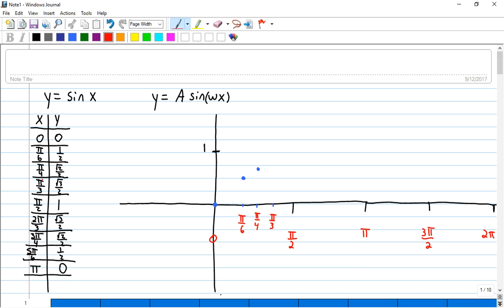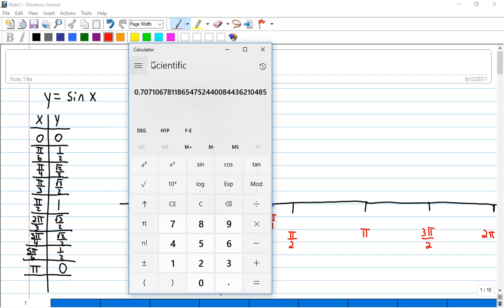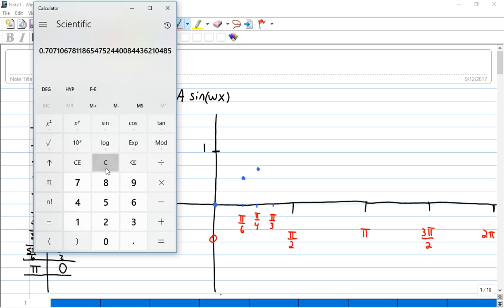Alright, so for pi over 3, we have the square root of 3 over 2. So let's see what that is on the y. Square root of 3 divided by 2 equals 0.866.